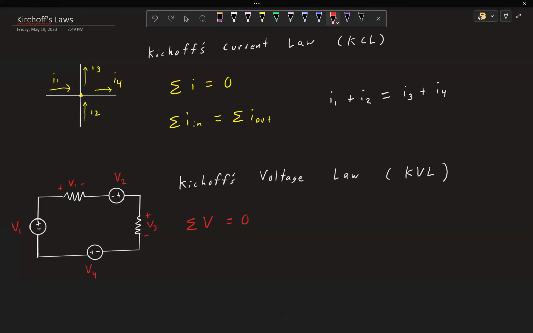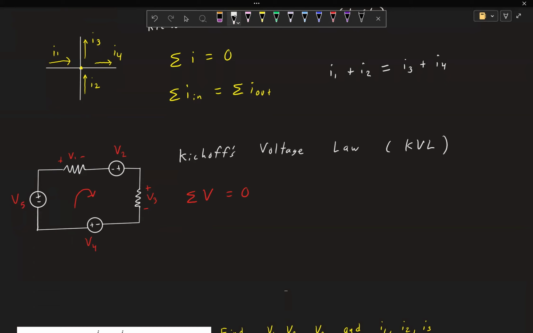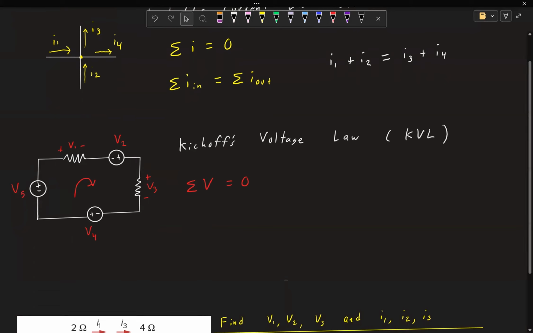So what I mean by loop is if we look at this, you just pick a direction, okay? I usually just go clockwise. It doesn't matter. You can go either way. And then you start anywhere. So I'm just going to start at V1.